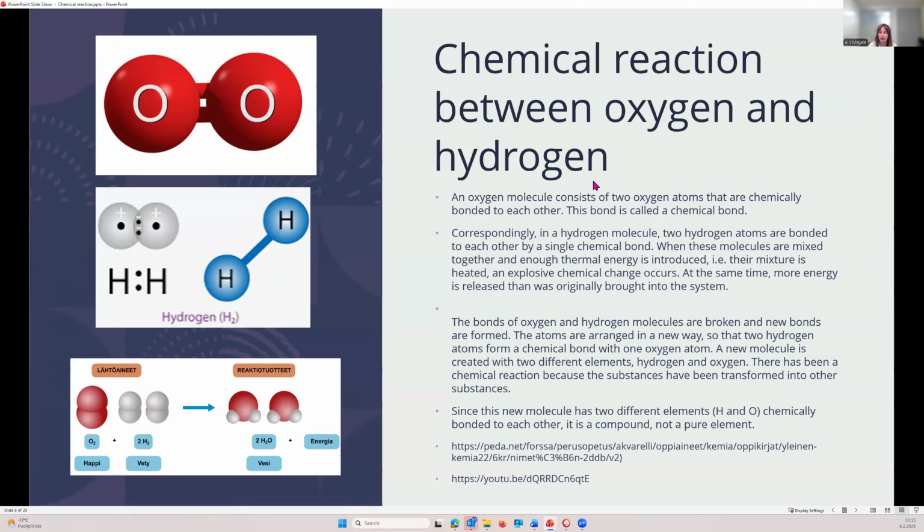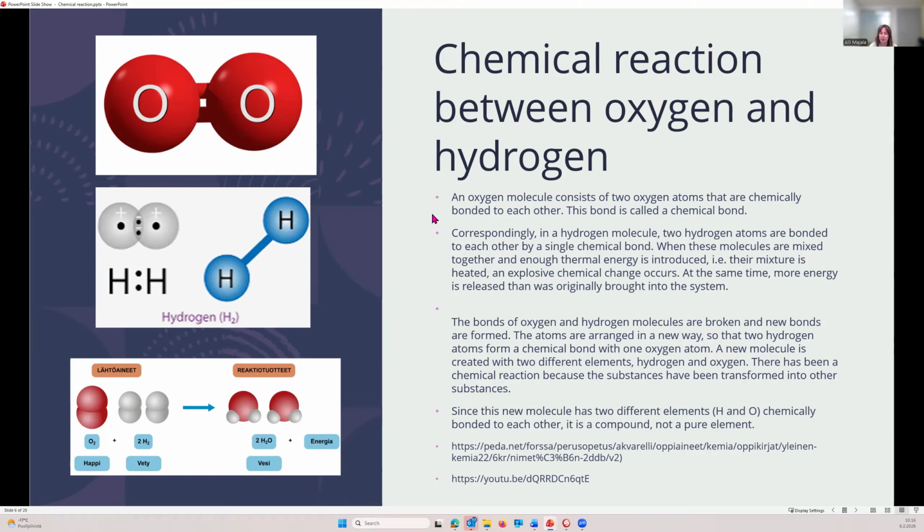Okay, so it was a chemical reaction between oxygen and hydrogen, which is called a combustion reaction. Burning hydrogen, so hydrogen reacting with oxygen. And then there were some bonds, and those bonds were broken, and other kinds of bonds were being formed.